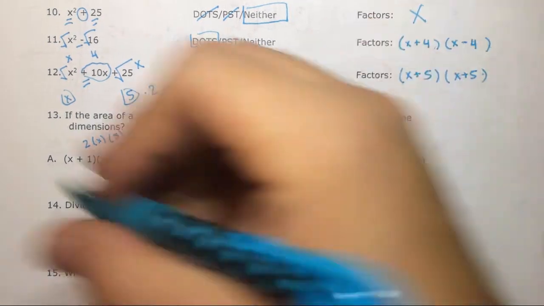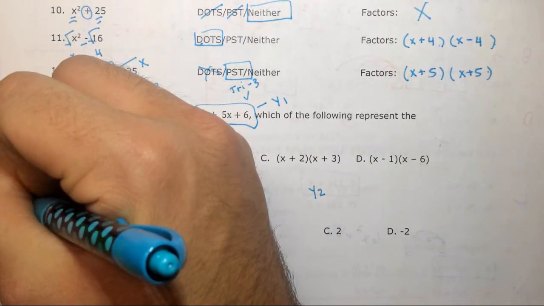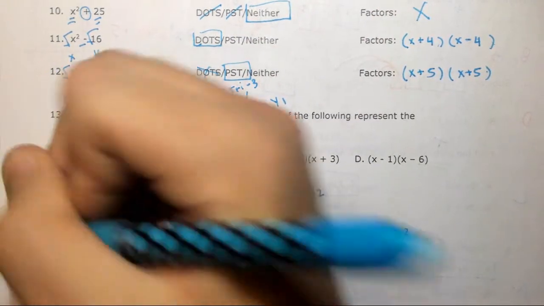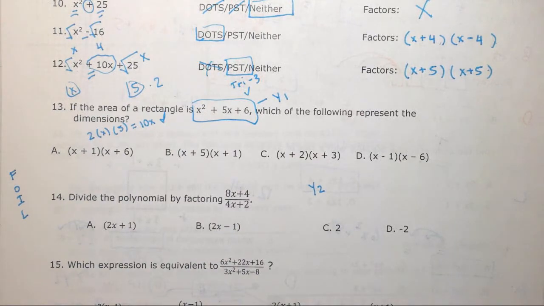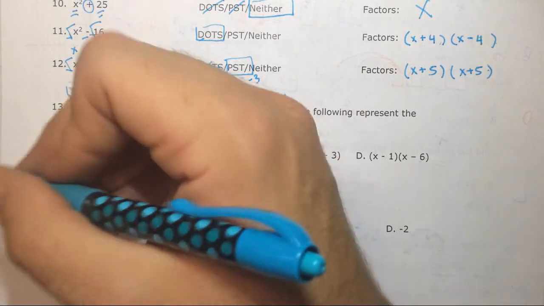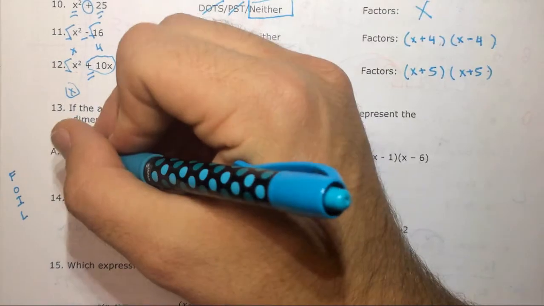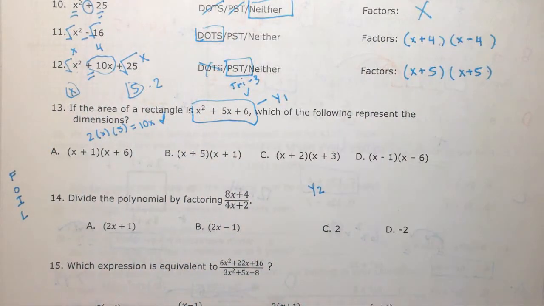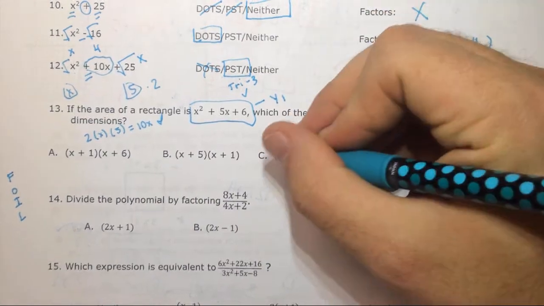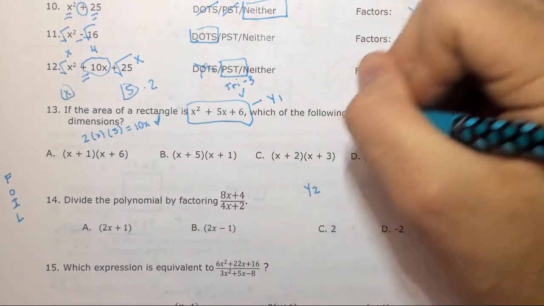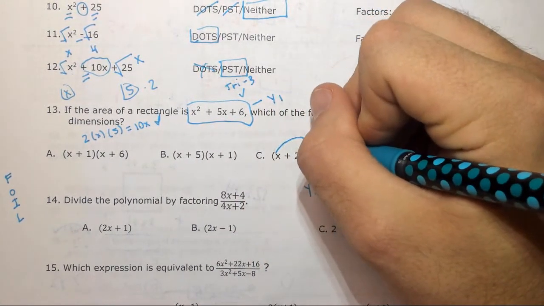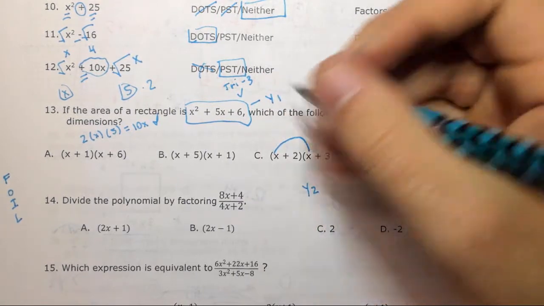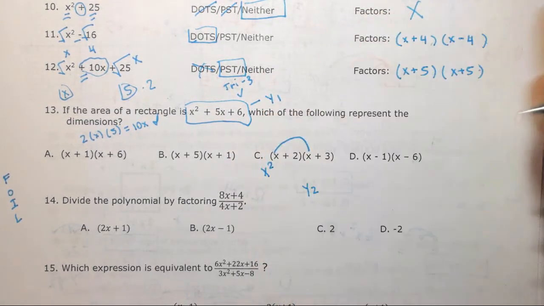I'm going to do something called FOIL. And you learned FOIL. Some of you just aren't using it. It's an acronym for how we multiply things. F in FOIL stands for first. I multiply the first things. I'm actually going to do it on choice C because I'm smart. First times first: x times x, I get x squared.